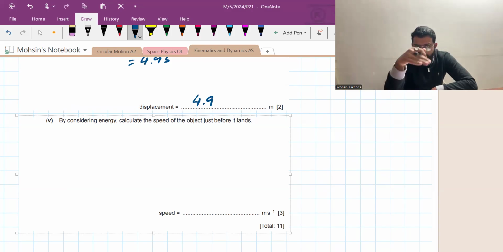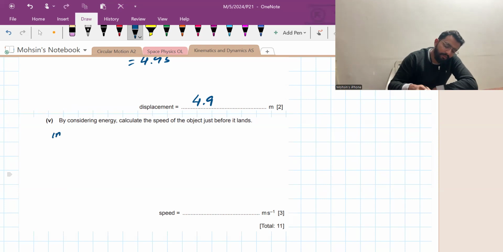As it goes down, the horizontal velocity will not change, so there will be no loss in that kinetic energy, but there will be a gain in kinetic energy because it is going downward, it is gaining vertical velocity. So what we are supposed to do here: first we have to calculate the initial kinetic energy.